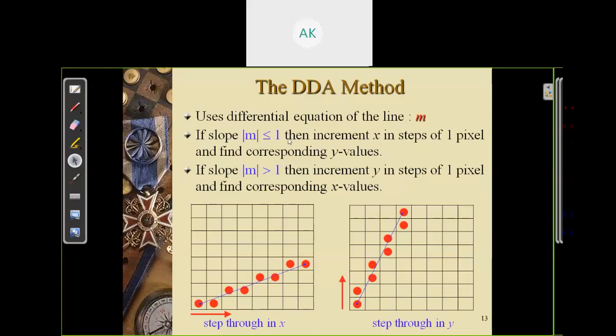When m is less than 1, we are changing x in unit interval, 1 pixel at a time, and correspondingly we are finding the value of y. If slope is greater than 1, we are changing y in unit interval, and the corresponding value of x we are finding. Okay, so in one direction we are moving, and the corresponding next value we are calculating.